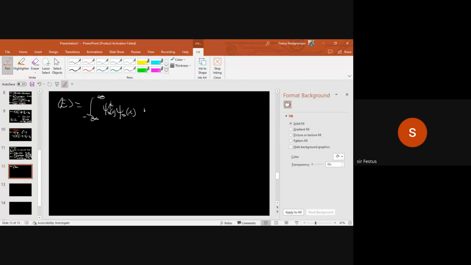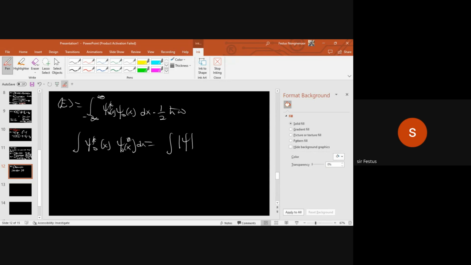So I can write this one correct, dx, then times half h nu. But this is nothing but psi star of x, psi of x, psi naught of x. This is nothing but the integral of psi magnitude squared, dx here.